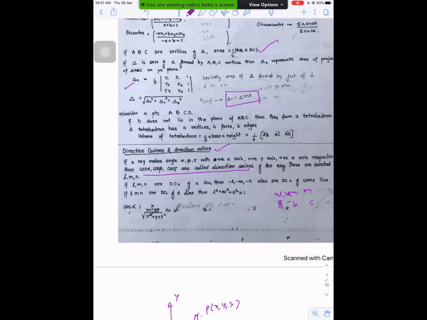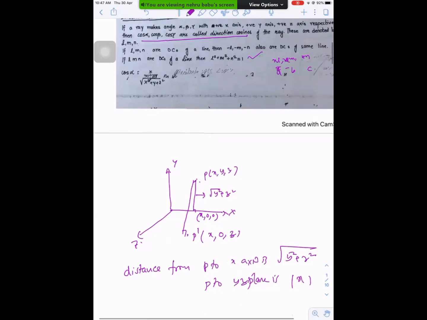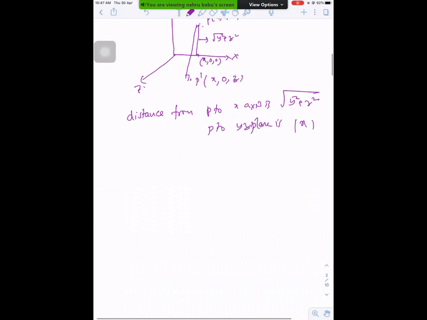If you take l, m, n as DCs, then l square plus m square plus n square is always equal to 1. The reason is, with respect to the origin, if a line makes angle alpha with the x-axis, then cos alpha, cos beta, cos gamma can be found. Take P (x, y, z) and find OP.